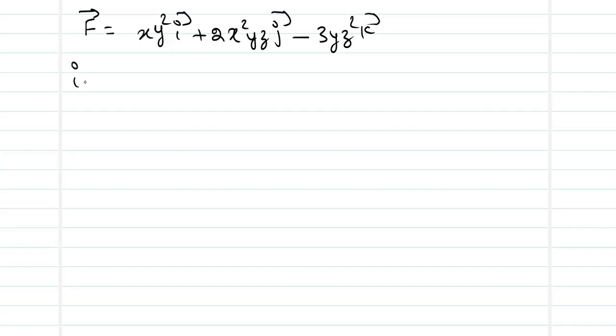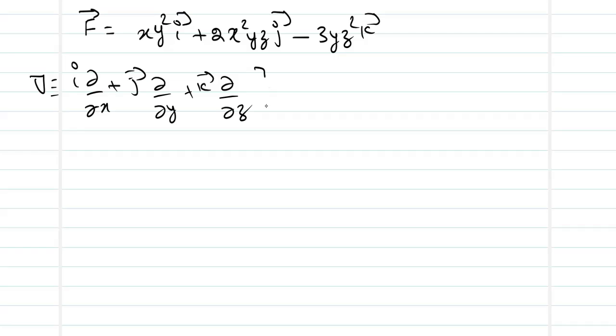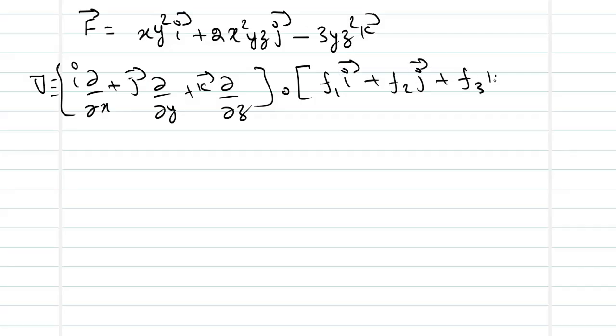Now i dou by dou x plus j dou by dou y plus k dou by dou z, when I take the dot product with my F vector, which is going to be f1 i plus f2 j plus f3 k, I need to keep the rule in mind.